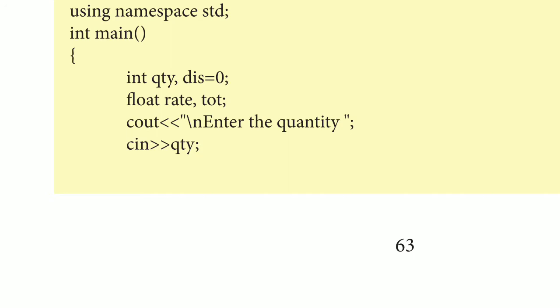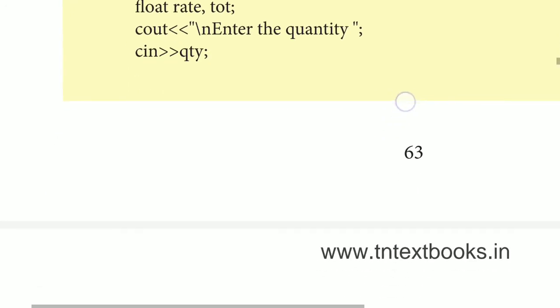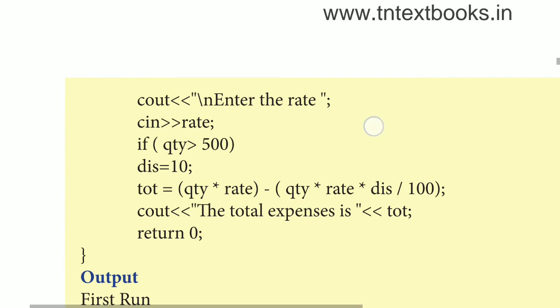Now cout is giving a message to the user to enter some quantity. The entered value is stored using the cin operator in the variable quantity. Now enter the rate.